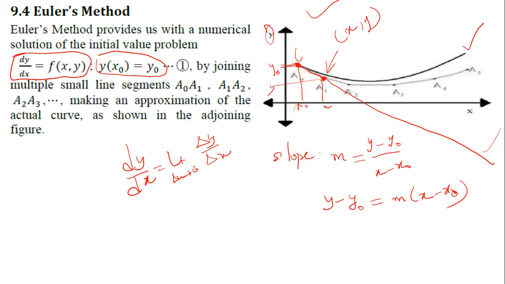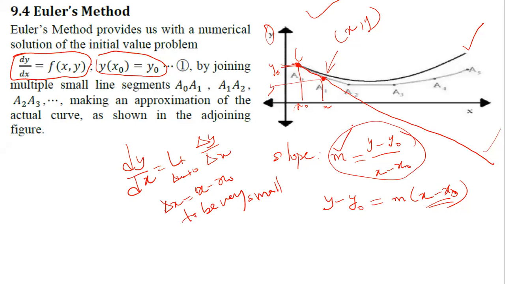So if we take x minus x naught, that is del x. If you take x minus x naught to be very small, then your slope, this ratio m, will be equivalent to dy upon dx.